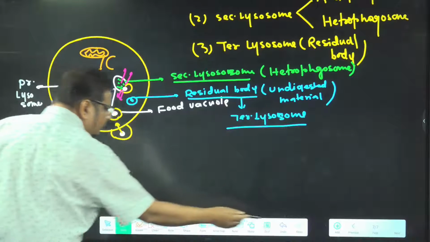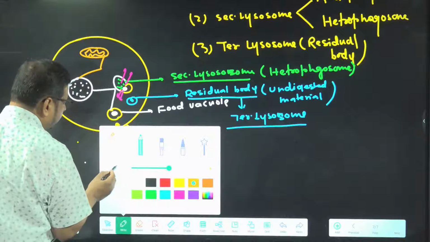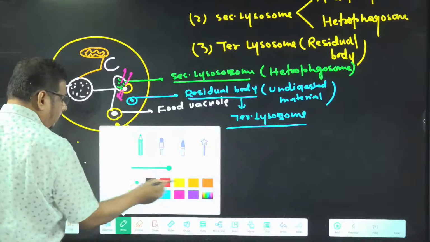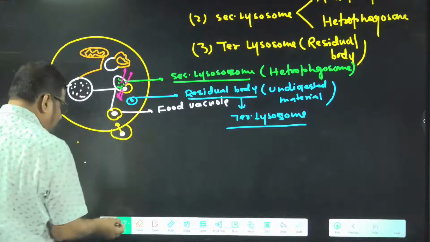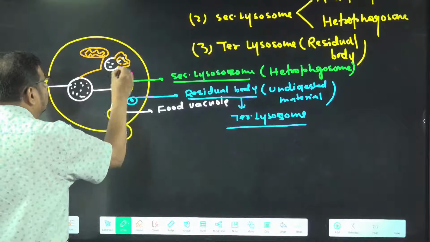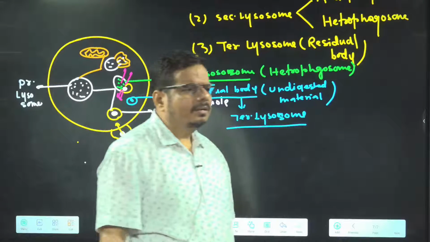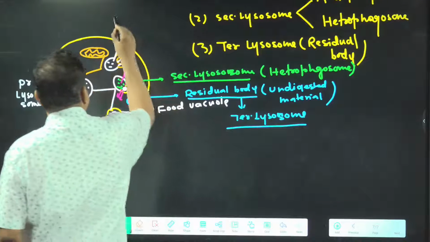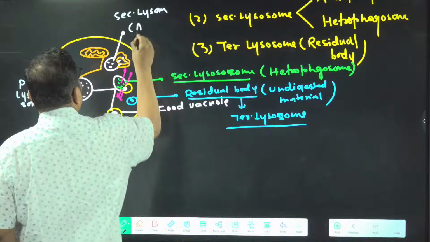And when it fuses with mitochondria, look, it becomes like this. Here the old mitochondria is at this place, and they release the enzyme on this. So who will digest it? The enzymes will digest it. So it is digesting its own cell part. So it is also a secondary lysosome, but it is called autophagosome.